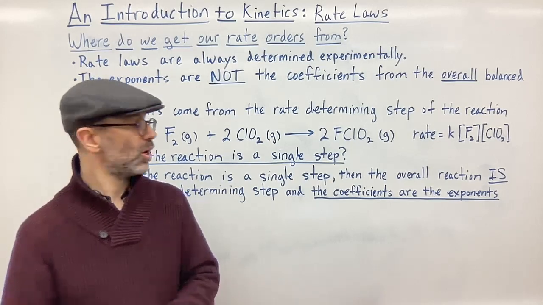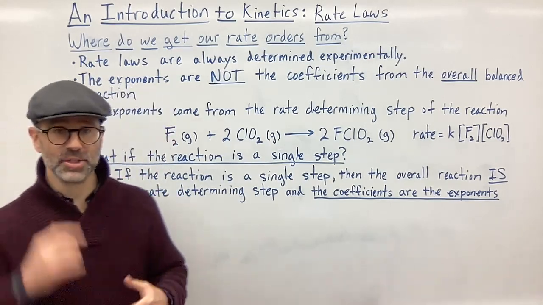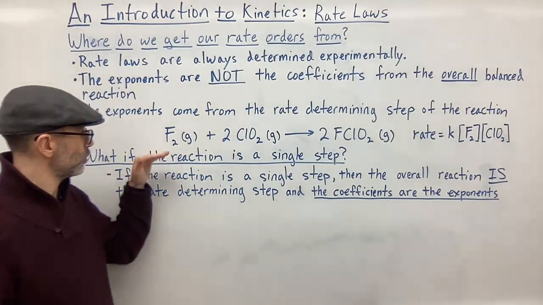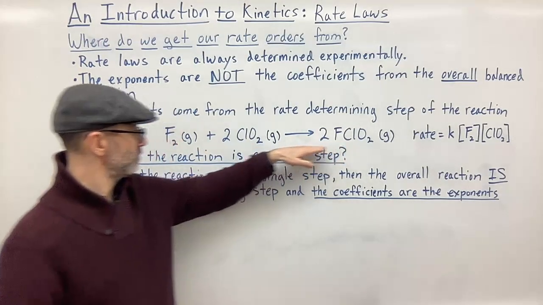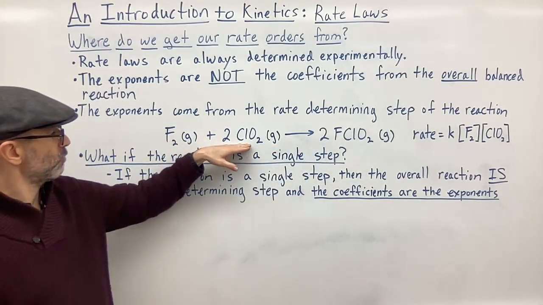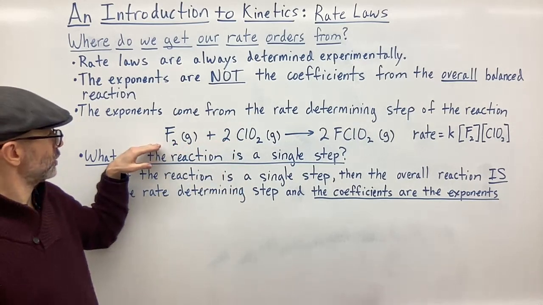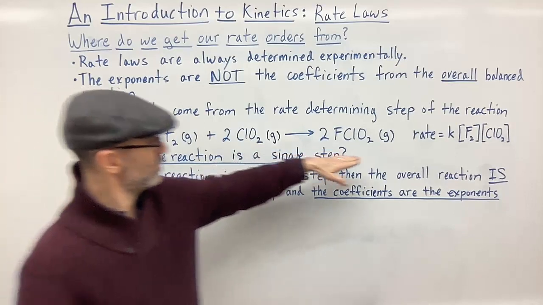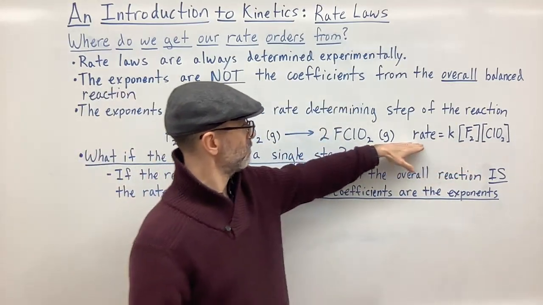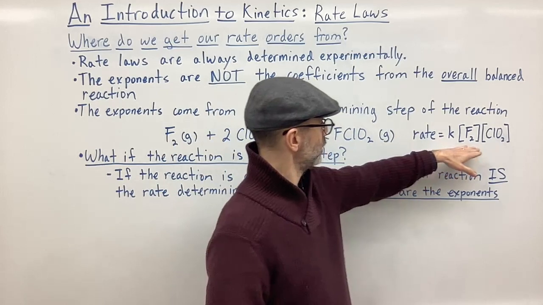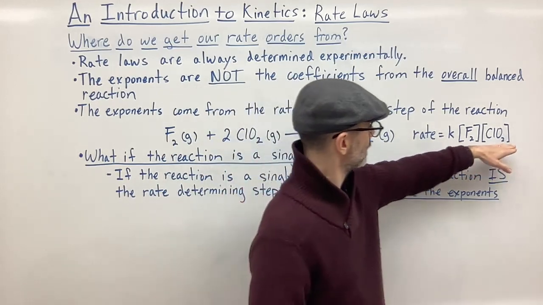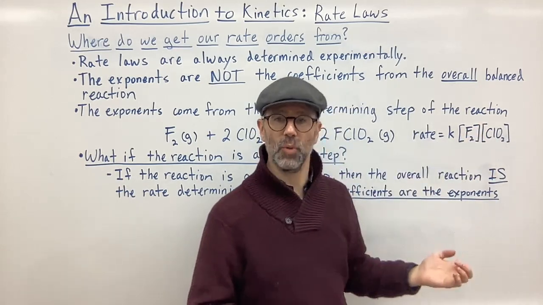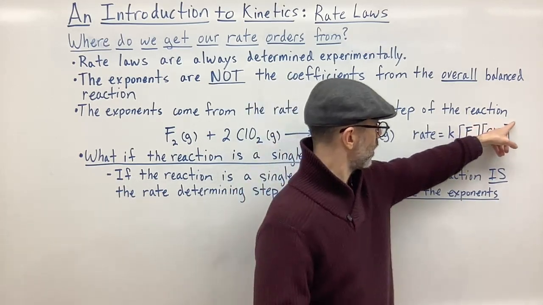Now, there is one exception to that, and I'll talk about that in a moment, but here's an example of what I'm referring to. Here's our balanced equation for this reaction, and here's the coefficient for ClO2, and the coefficients for F2 and FClO2. And here's the reaction rate expression, and you'll notice that the concentrations of both F2 and ClO2 are raised to the power of 1. We don't usually write ones down, but there's ones there.